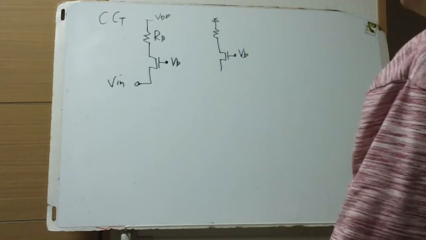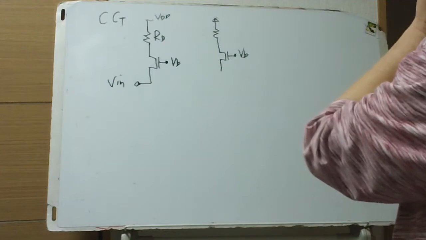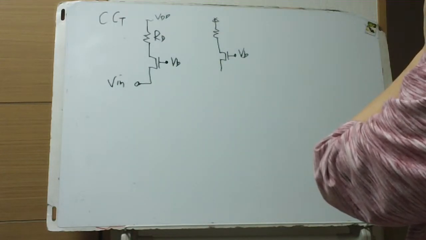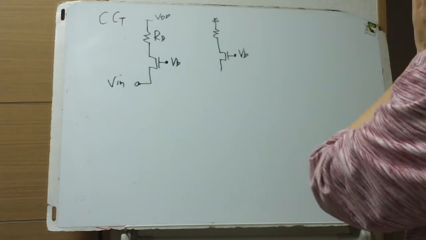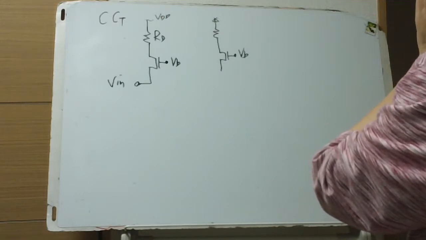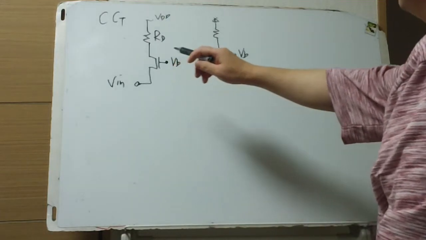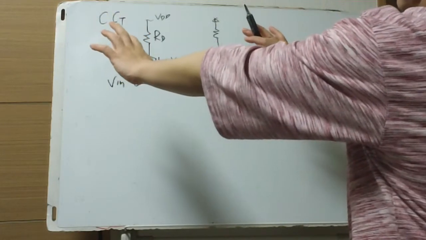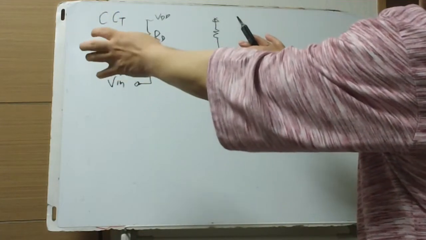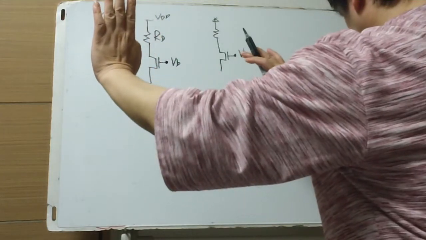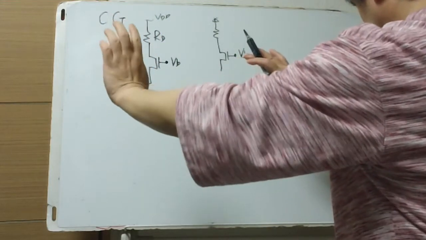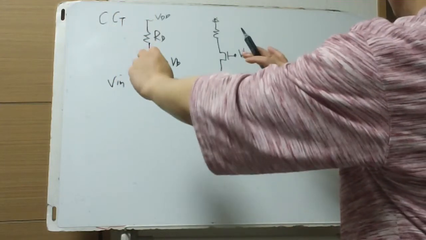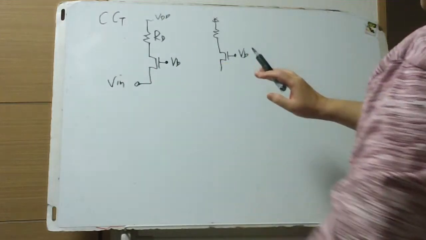This time, when I did the common source stage, I neglected the input current noise because the input impedance is very high compared to the source resistance RS. Some kind of input amplifier buffer, the signal driver having source resistance RS, drives the signal.